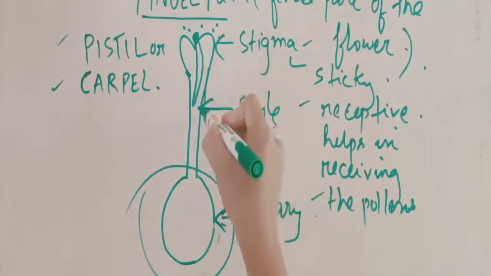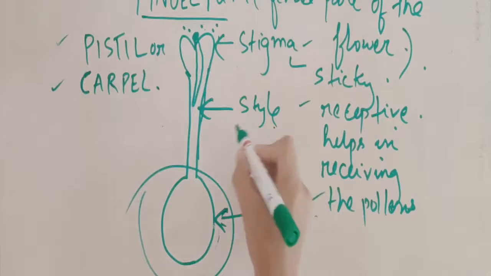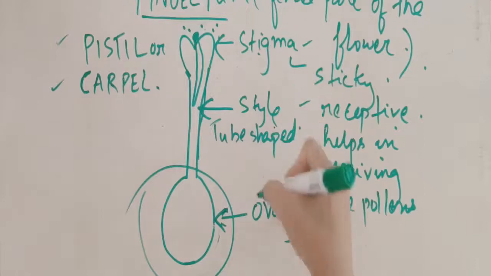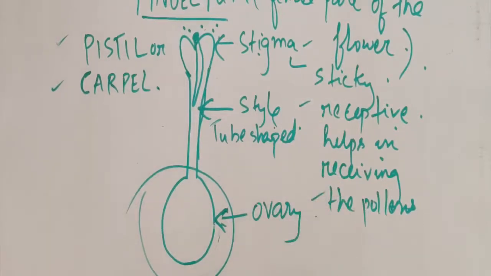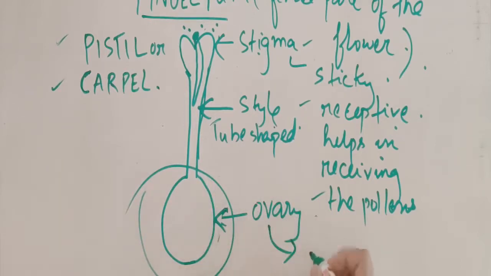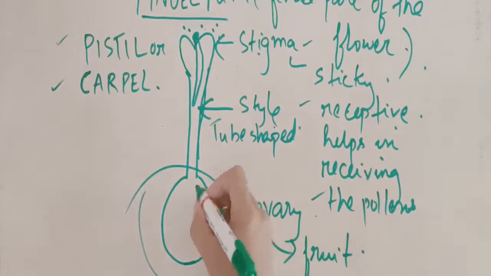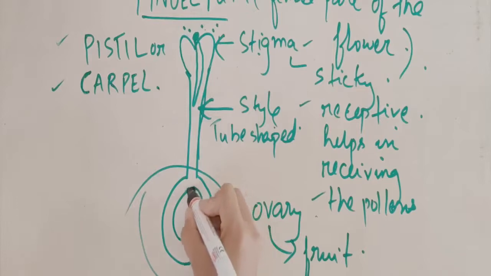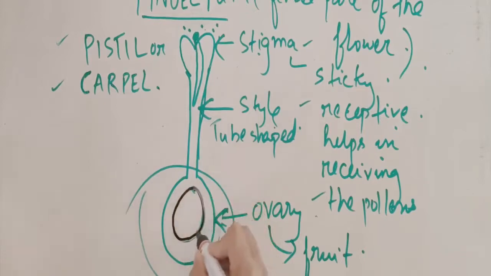The style is tube shaped, and it connects the stigma and the ovary. The ovary will later form the fruit when it becomes ripe, and inside the ovary there are ovules. The ovule will form the seed later on.